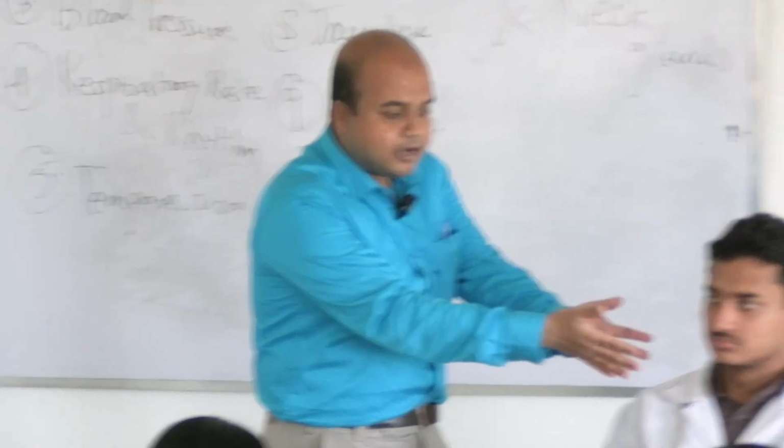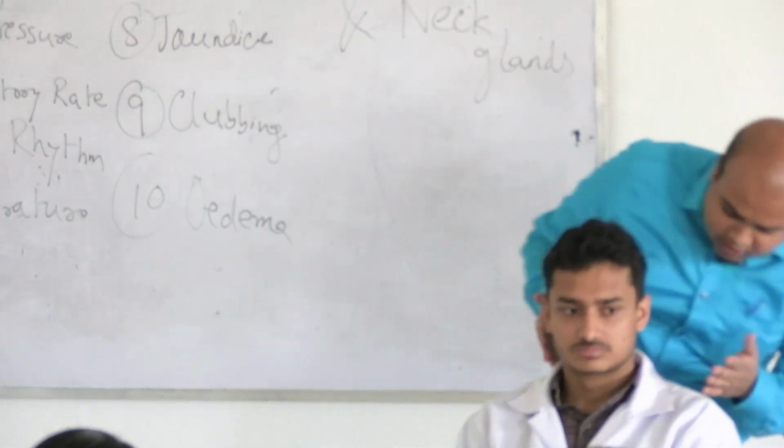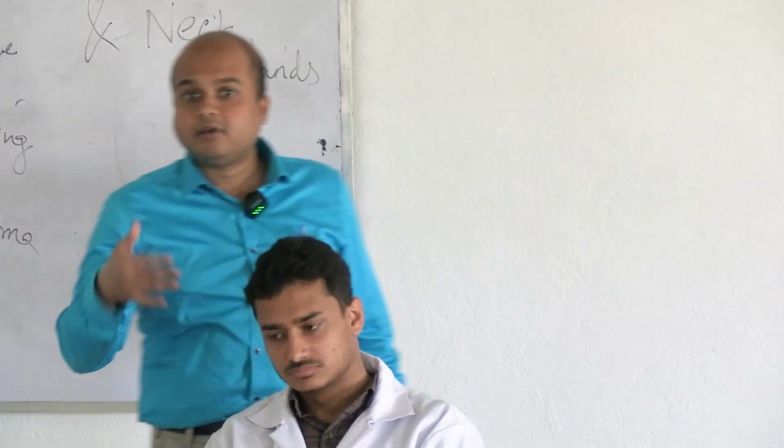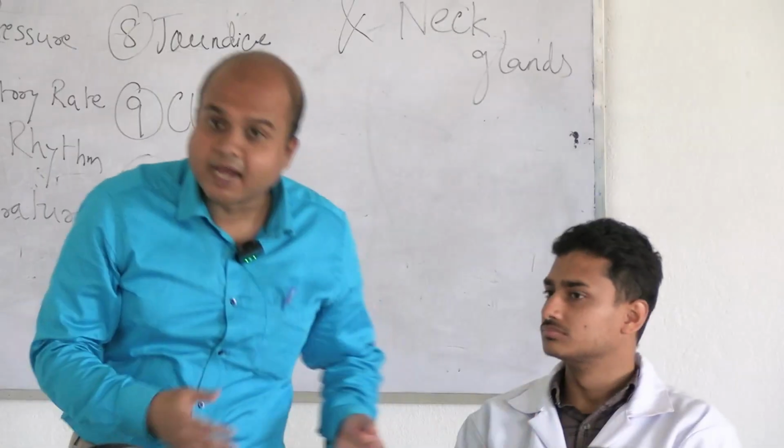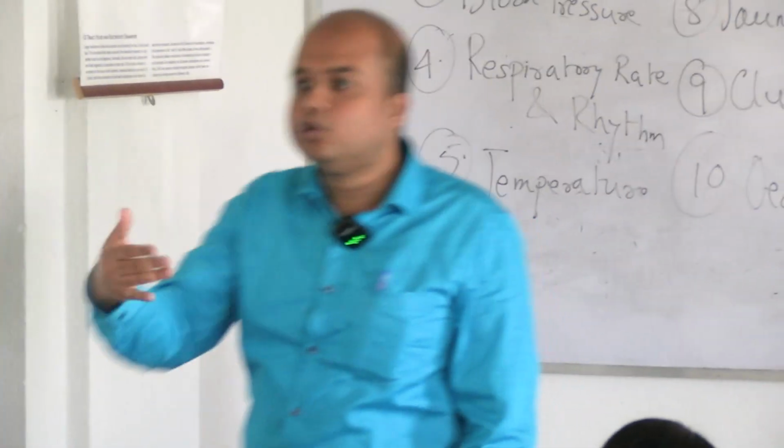Neck veins and neck glands. There is something called jugular venous pulsation. You look for any grossly engorged veins in the neck or not, from the front, from the back, from the sides. We'll do jugular venous pulsation on Monday if possible, and if not, if you can take a separate class, it's okay. That is to be done with the CVS.